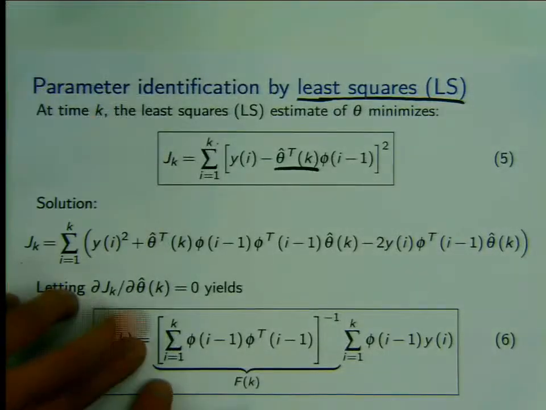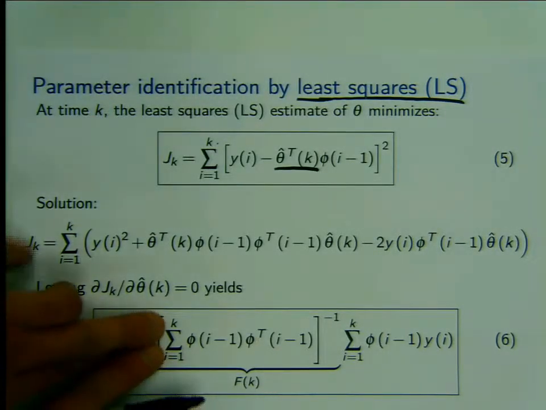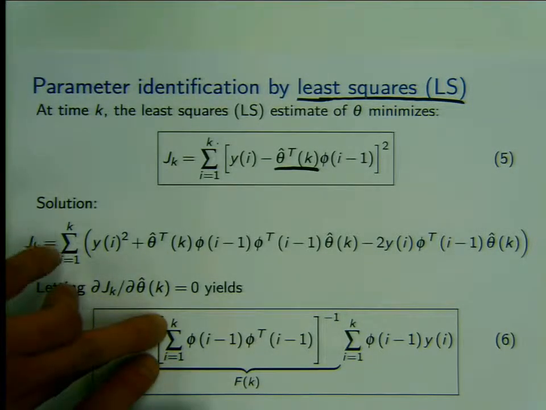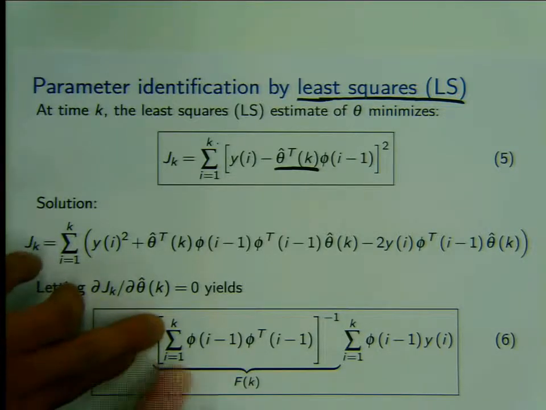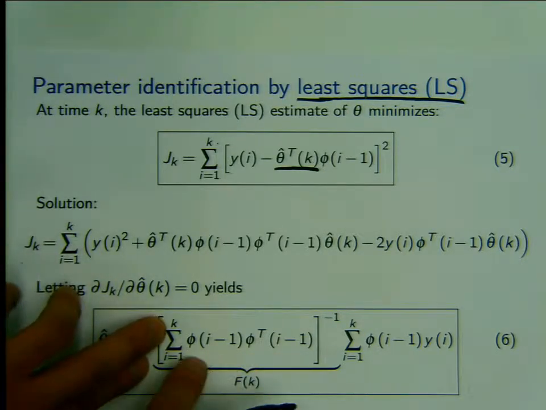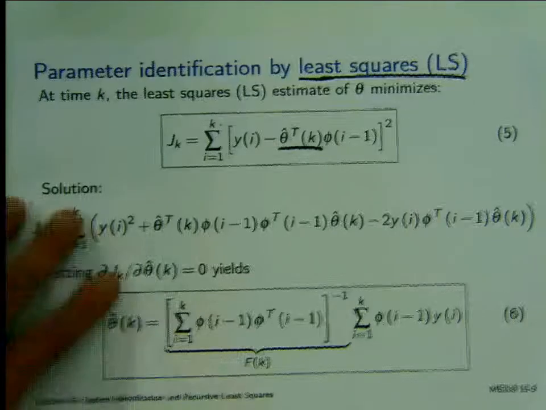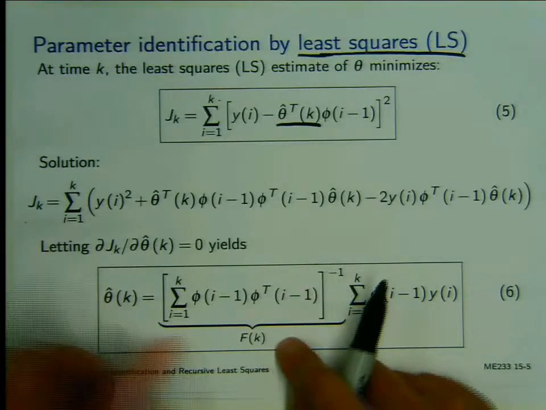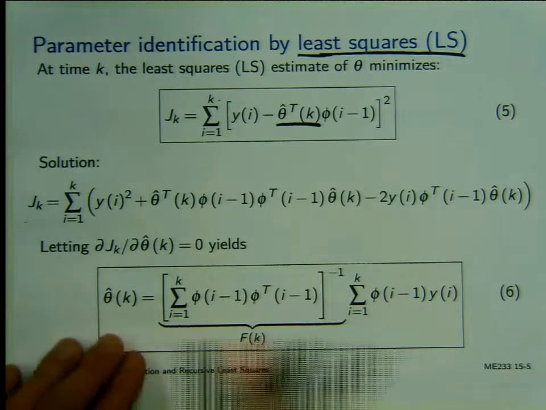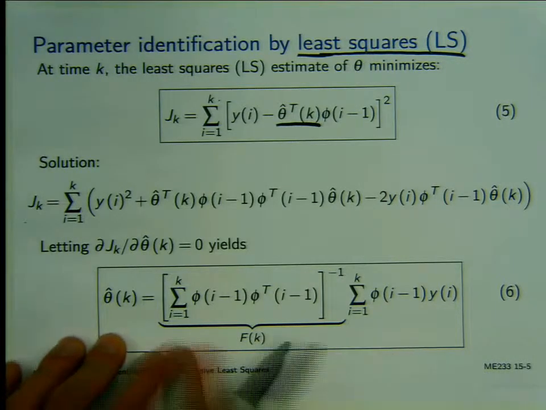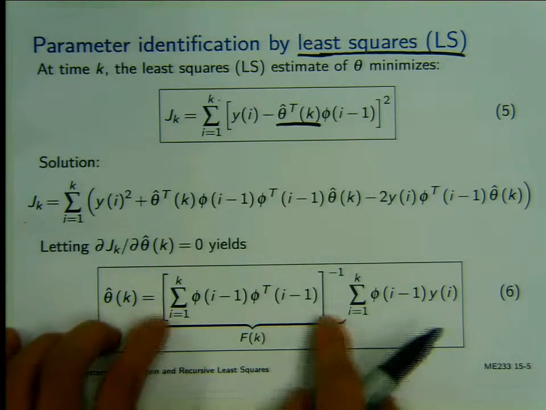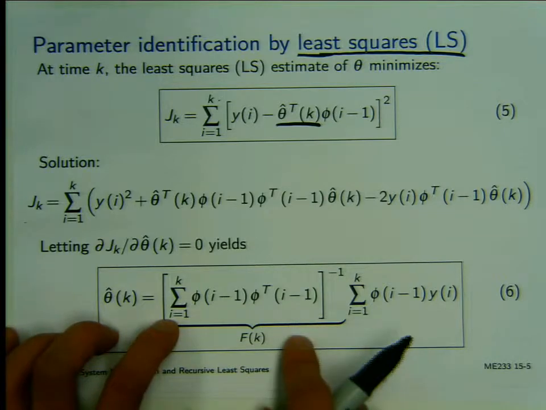The second observation, however, is when this k becomes pretty large, this summation will give you full rank. Okay? So that's one thing you can observe from this solution. If you solve it this way, you have to be careful whether this matrix is invertible or not. It may not be invertible.